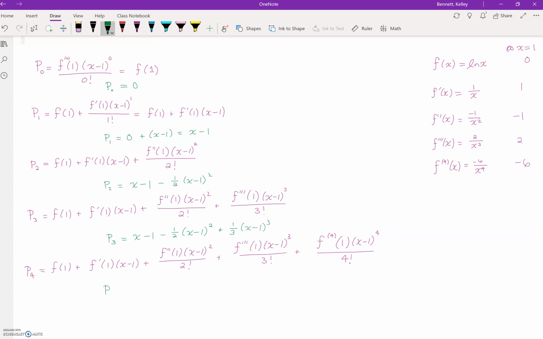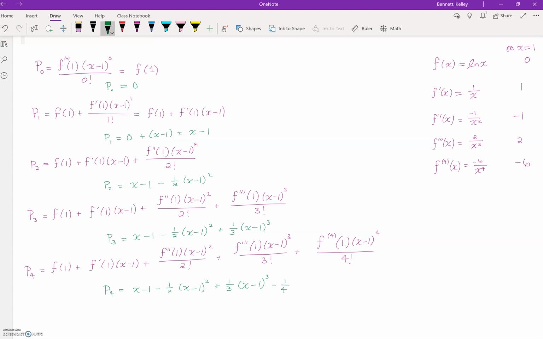And then for the last piece, we have to do all the same stuff, 0, 1, 2, and degree 3 terms as above. And the last thing we're going to put on the end is the fourth degree term. So the fourth derivative evaluated at 1 was -6. -6 over 4 factorial is -1/4.